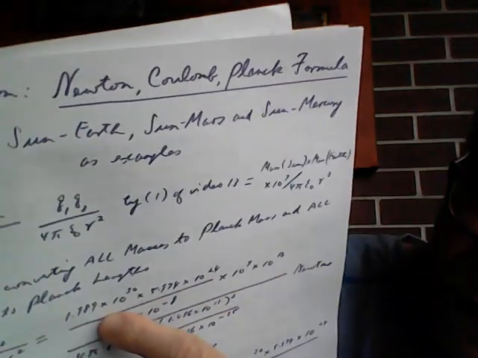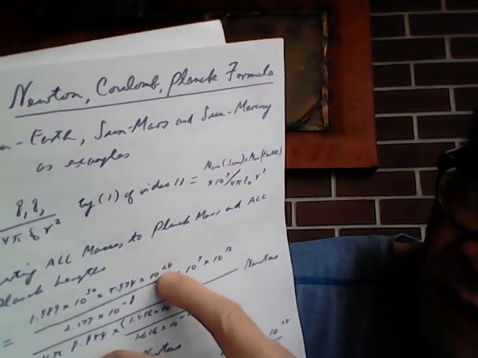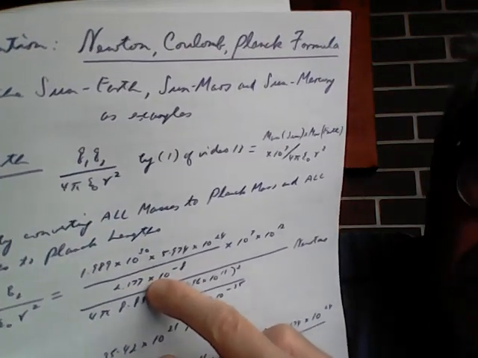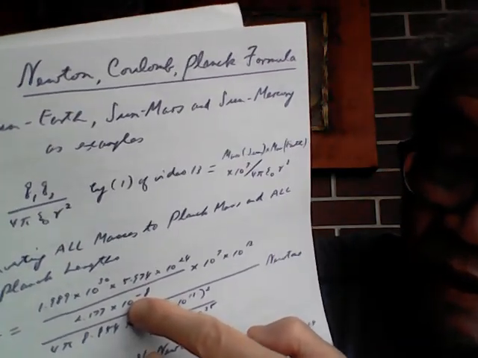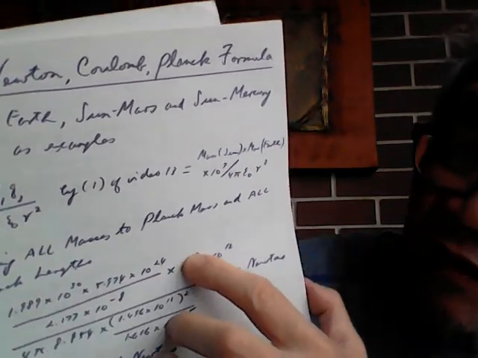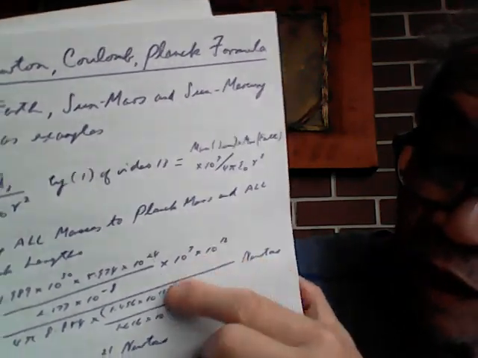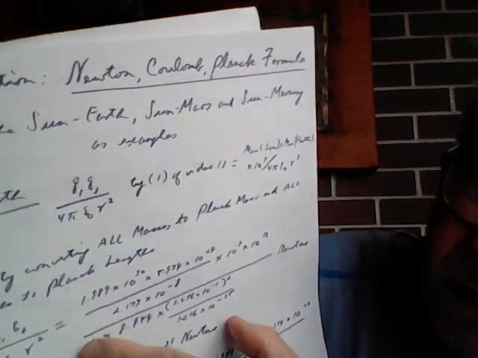And so you have 1.989 times 10 to the power 30 times 5.974 times 10 to the power 24 divided by 2.177 times 10 to the power minus 8. What's that? That is the Planck mass. And the 10 to the power 7 is from equation 1. What's the 10 to the power 12? 10 to the power 12 is from the denominator, the epsilon naught.